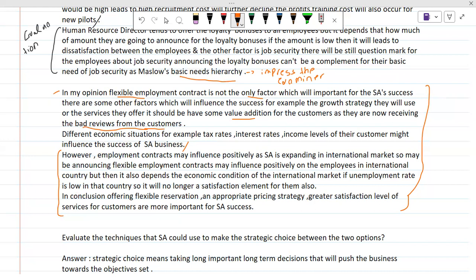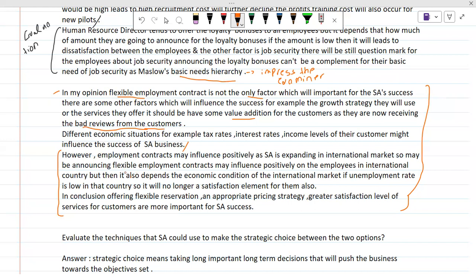However, employment contracts may influence positively as the company is expanding in the international market, because flexible employment contracts are very famous in other countries.